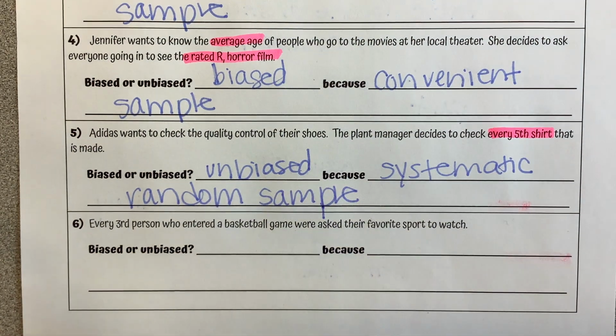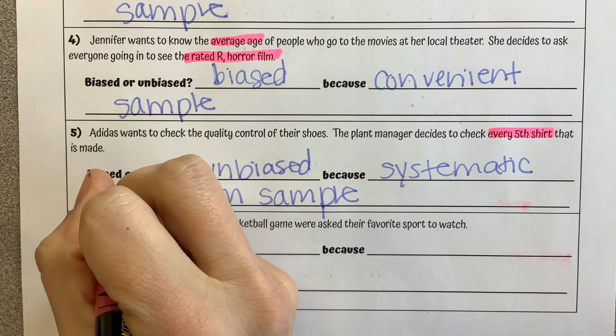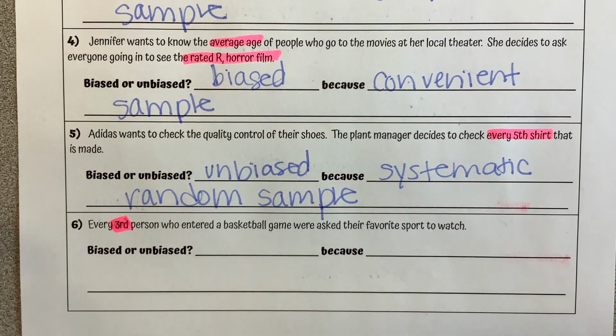And last one. Every third person who entered a basketball game was asked their favorite sport to watch. So I do see that it's every third person, which makes me think that this is a systematic sample and that it would be good and it would be unbiased.